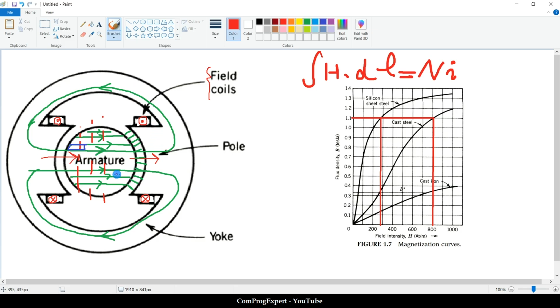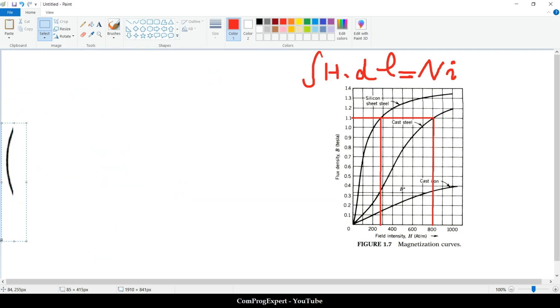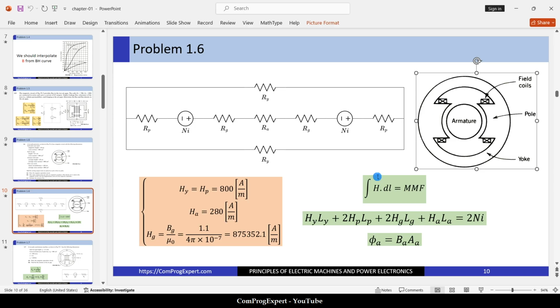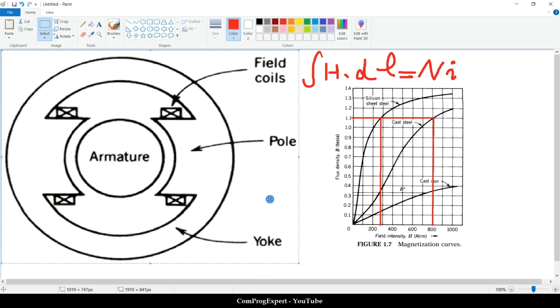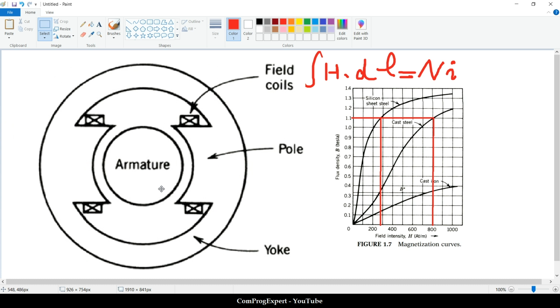So if I consider this flux line on one side only, let me delete this image and copy it again. I want to represent the flux line that we need to calculate this integral.